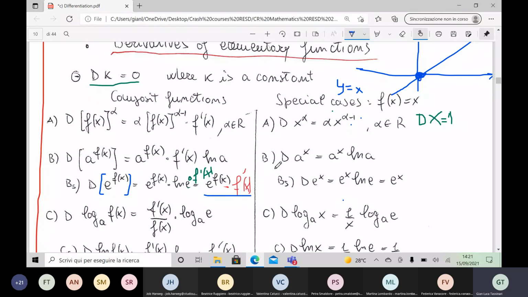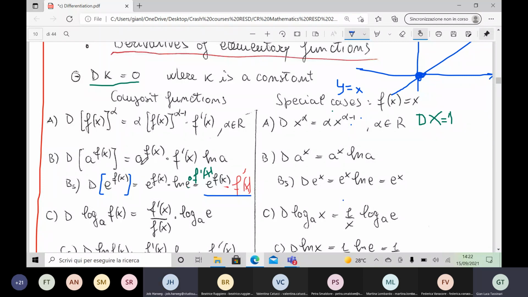Now, look instead at the very special cases, which are no longer composite functions: a to the power x, e to the power x. That is, special cases are obtained by setting f of x equal to x. So, derivative of a to the power x. It's not a new rule. You can get this rule as a special case of this one.